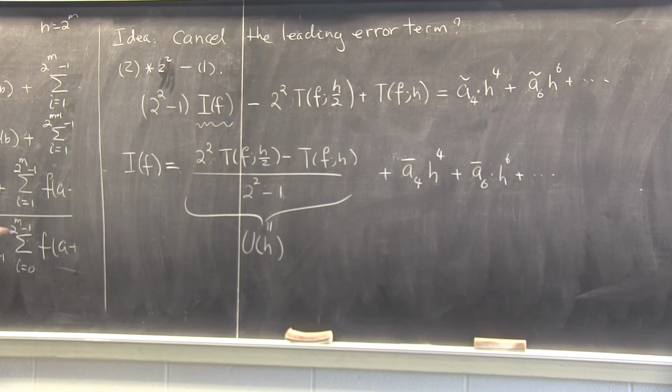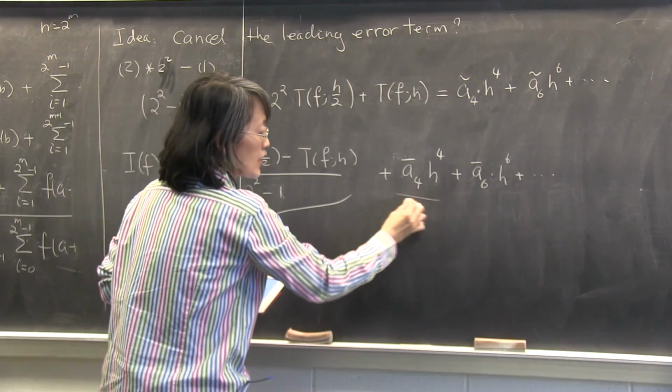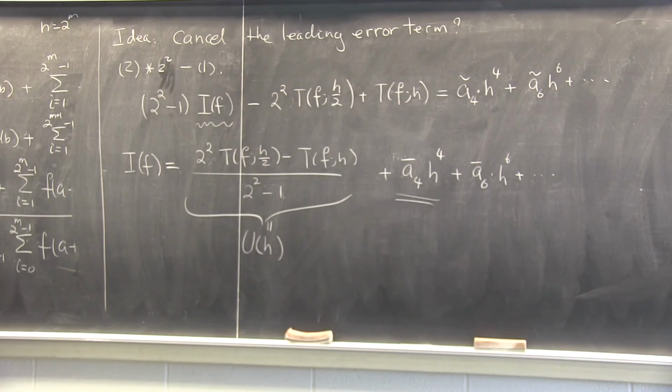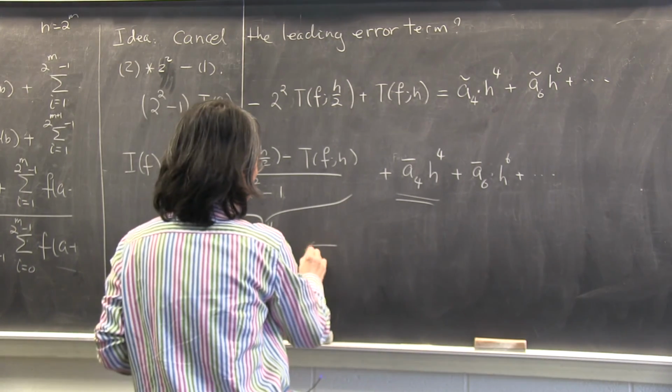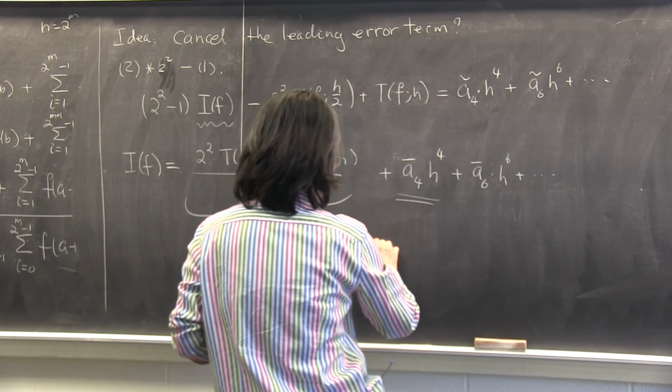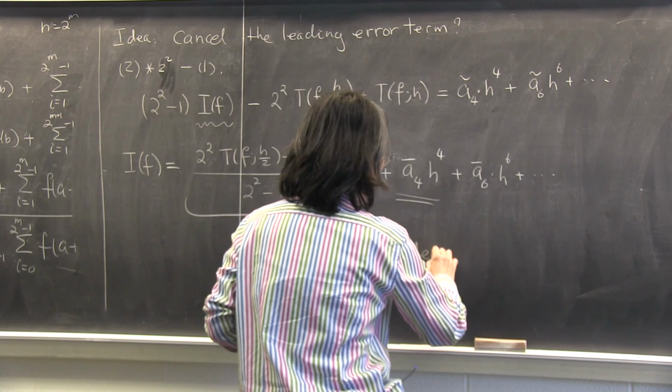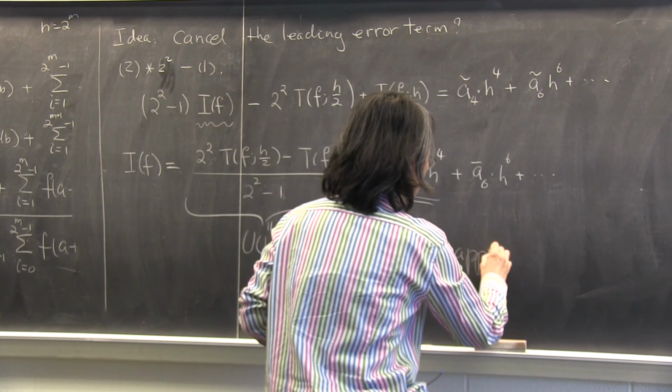What do I get? What is the leading error term? H to the 4th. That's the dominating term, right? This guy here becomes a 4th order approximation.